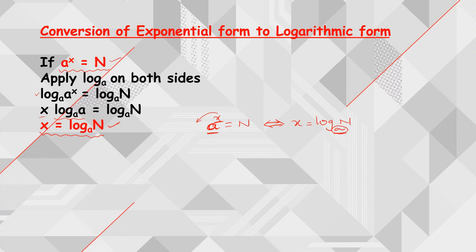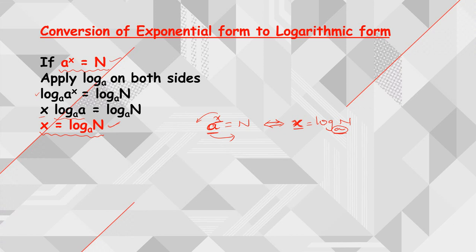That means this x, whatever the unknown variable we need to find out, will be written as x is equal to log. Whenever you transpose this a to the other side, this exponential base a will become log base a.